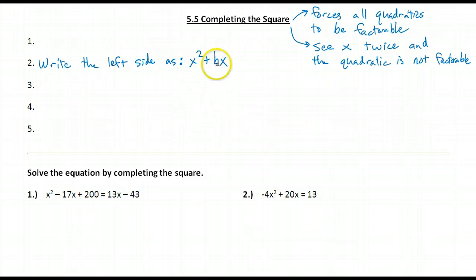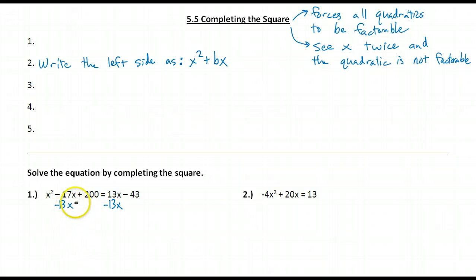We want our x squared term plus our coefficient times x with no constants. So if we look at our first example, our x squared term is already on the left. We don't have an x squared term on the right. But we need to bring this 13x over to the left. So I'm going to subtract 13x from both sides of my equal sign.